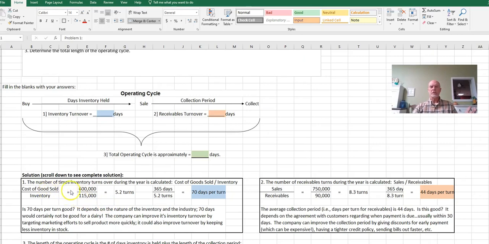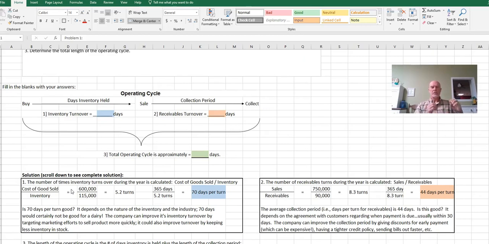First, we could target the numerator, that top number, which represents how much inventory has been sold during the period. And we could enlarge that number by selling more inventory. So we could target our marketing efforts, our sales prices, our advertising, commissions perhaps, specialty promotions.